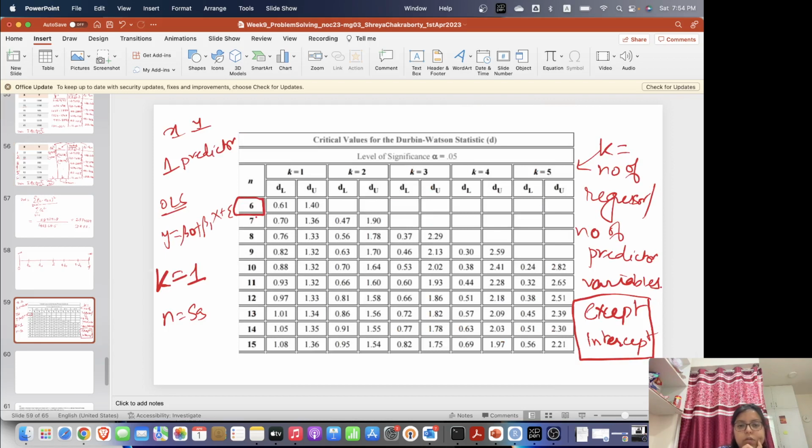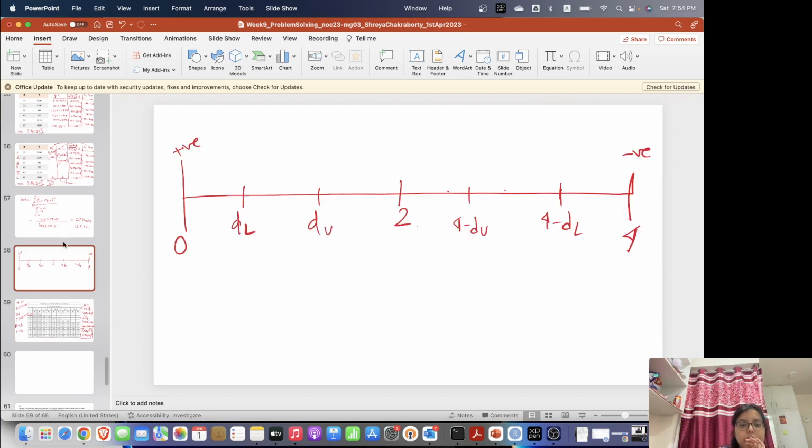So for n equal to 6, dl is 0.61, du is 1.4.